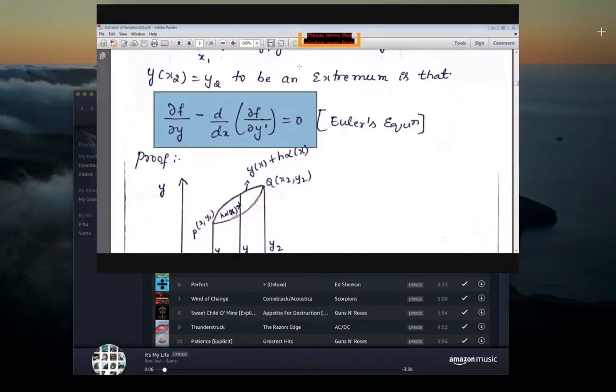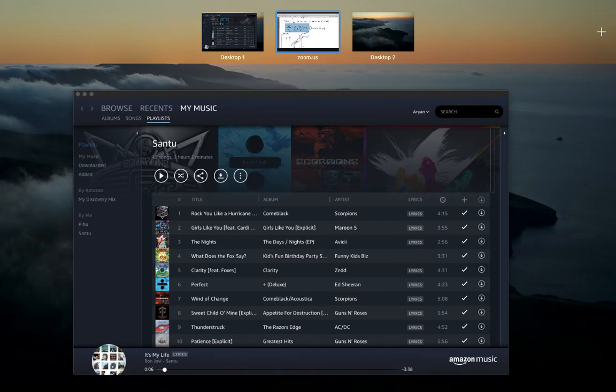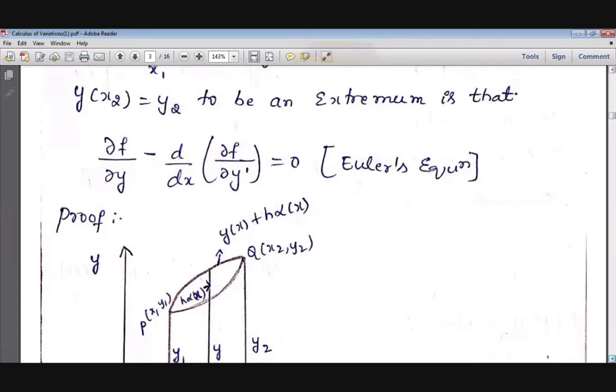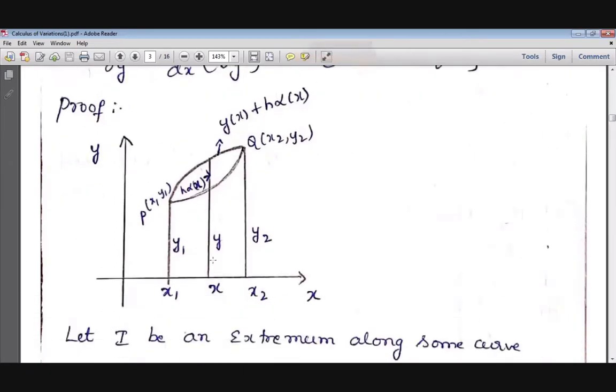Okay, we'll start this proof. Lengthy proof, but it is very important. It will be asked in the exam. We'll take two axes. This is the x-axis. This is the y-axis. We'll take 2 points.